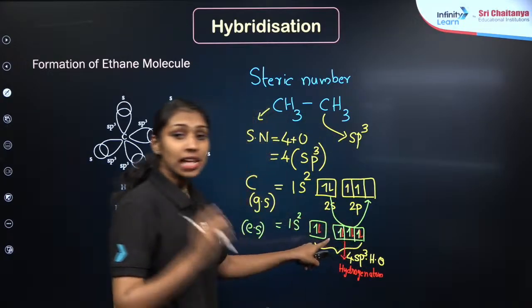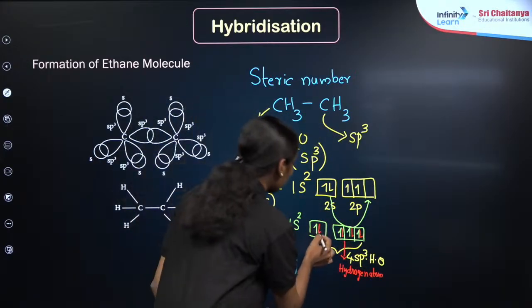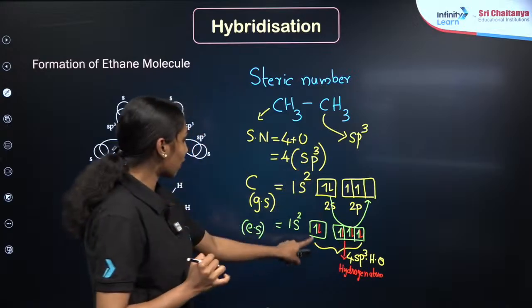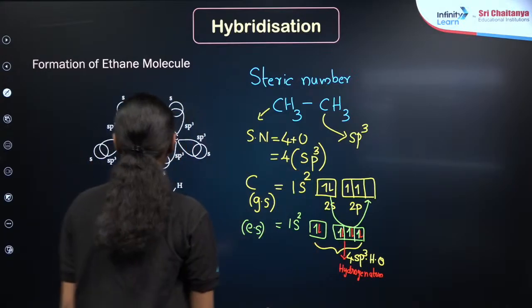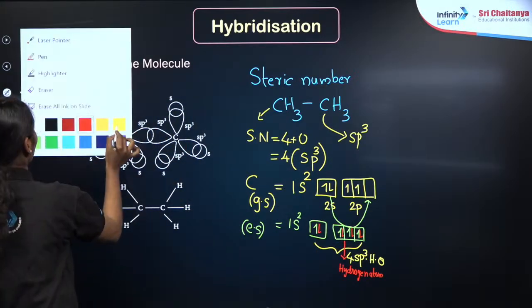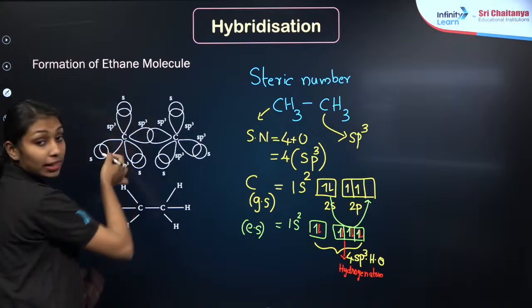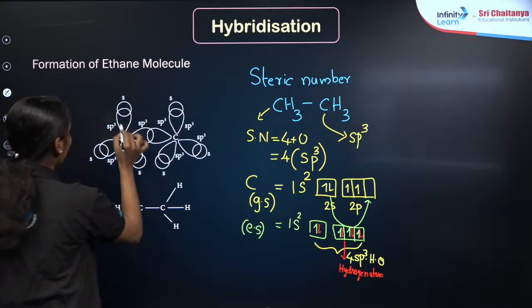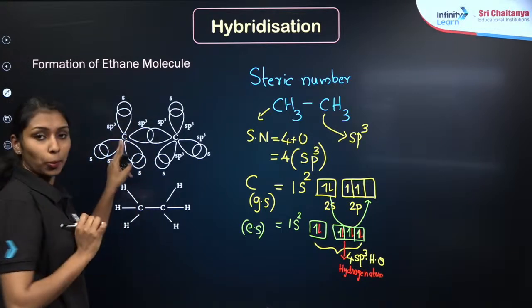In these 3 orbitals the hydrogen atoms will overlap, and from here one carbon atom will overlap with the other carbon. So it will form a structure like this. This will be the sp3 hybridized orbitals of the carbon atom: 1, 2, 3, 4 sp3 hybridized orbitals.